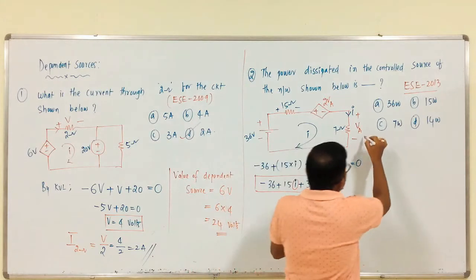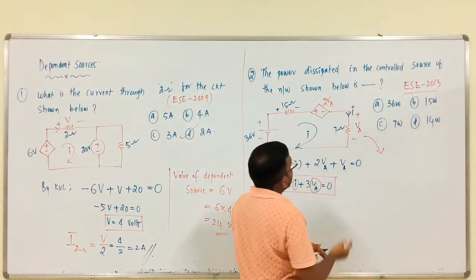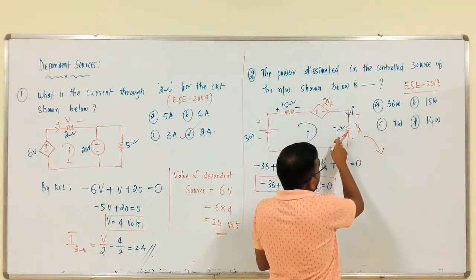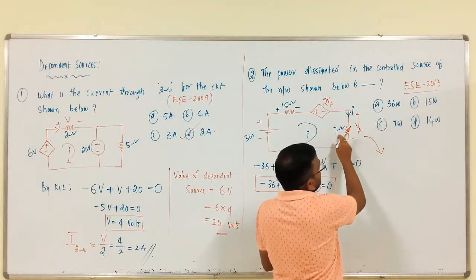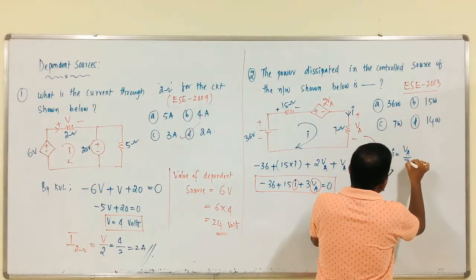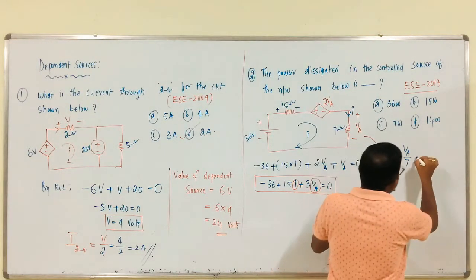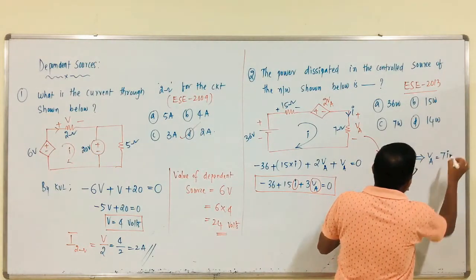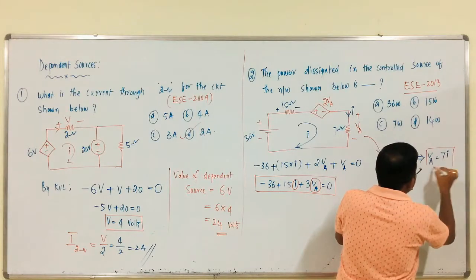From this circuit, I through the 7 ohm branch is voltage by resistance. Therefore VA is equal to 7I.